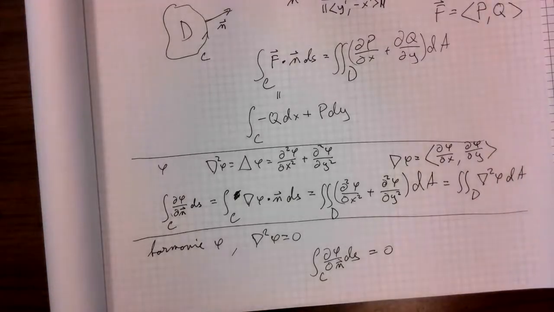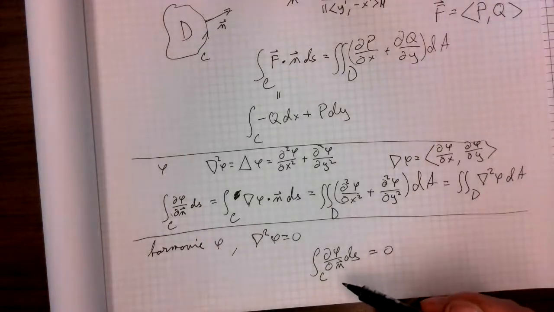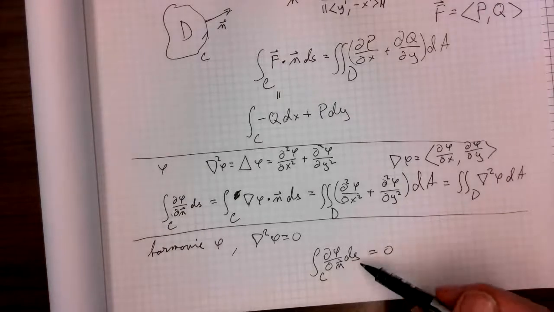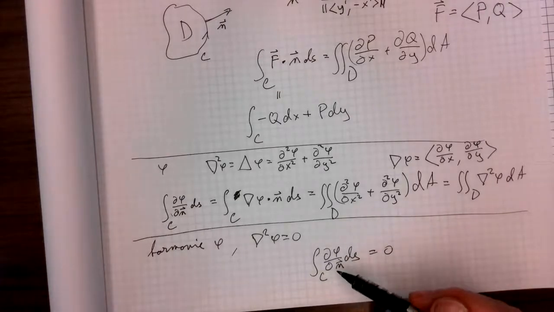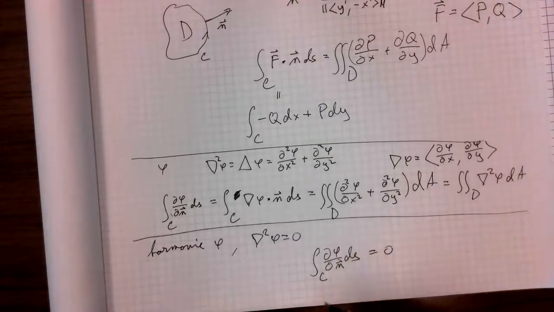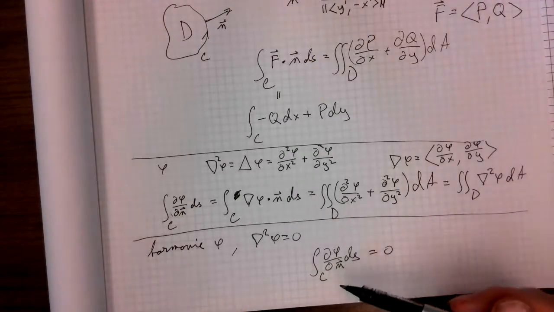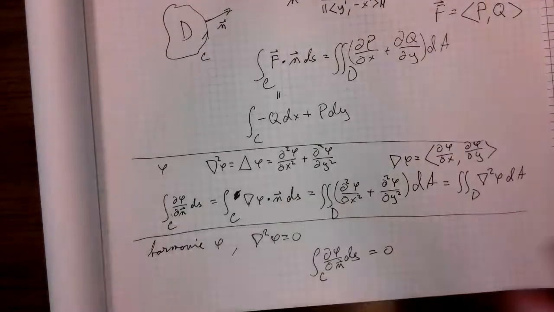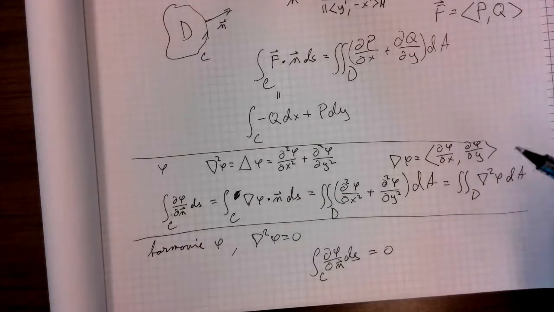It tells you, for example, if it's steady state heat, this is how heat is moving through your substance, your object.